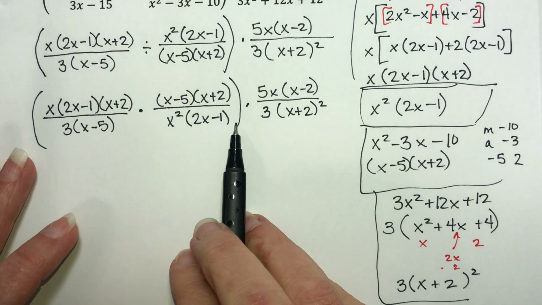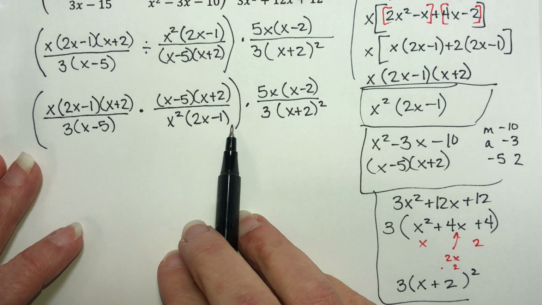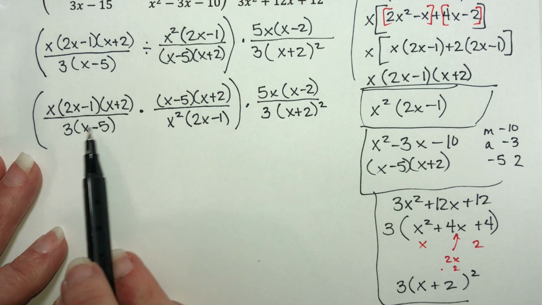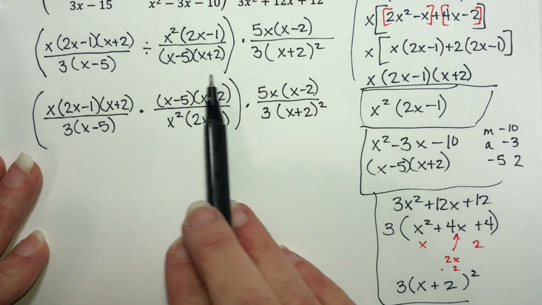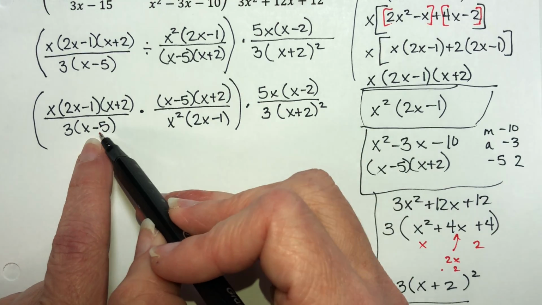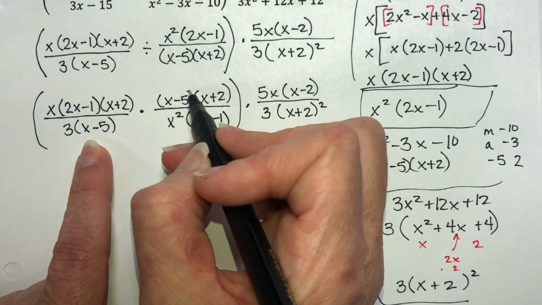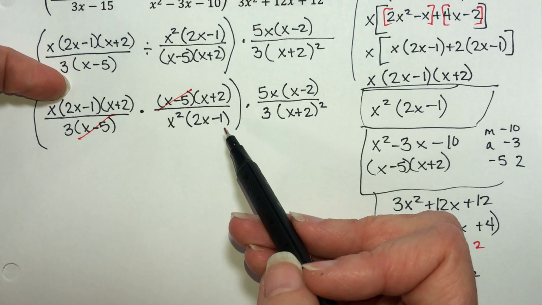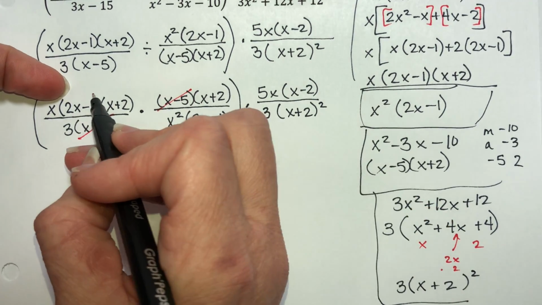Now inside the parentheses, let's look for things we can cancel out. I do not have anything, this fraction by itself does not reduce, neither does this one. If we look on diagonals, I have an x minus 5 here and an x minus 5 here, so those can go. Here I have a 2x minus 1, here I have a 2x minus 1, so those can go.